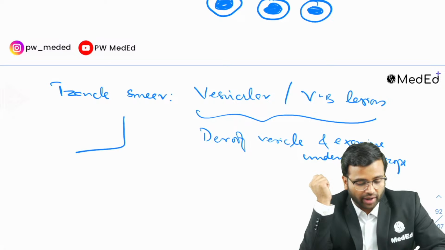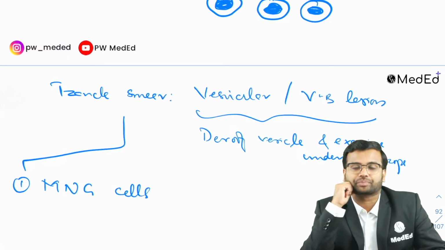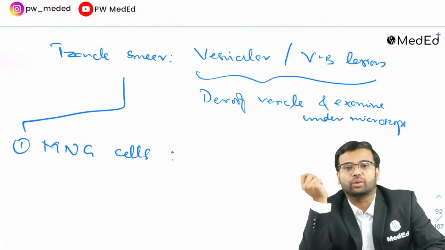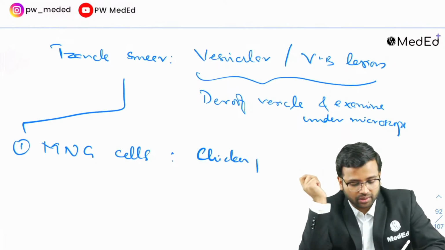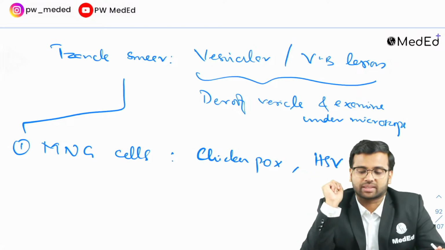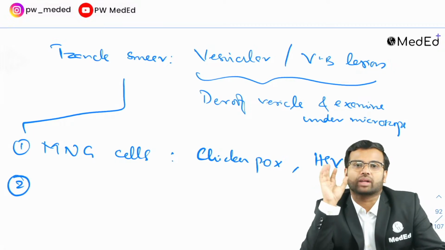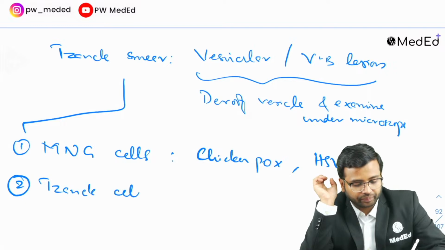The first finding in a Sang smear can be multinucleated giant cells. These multinucleated giant cells can be seen in infections like chickenpox or herpes simplex virus. Fine. And the second finding in a Sang smear is called a Sang cell or acantholytic cells.